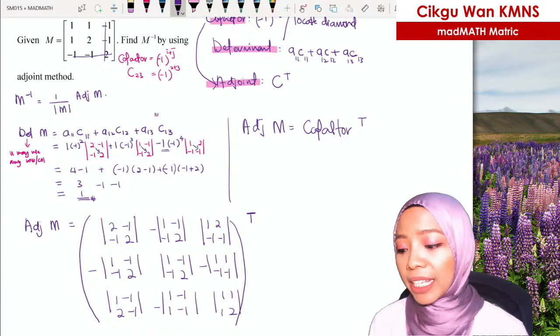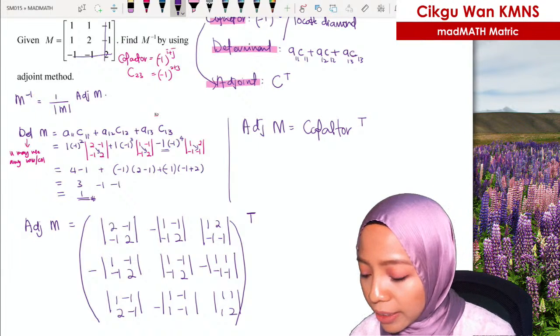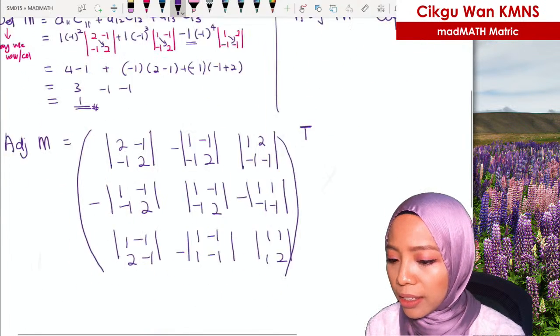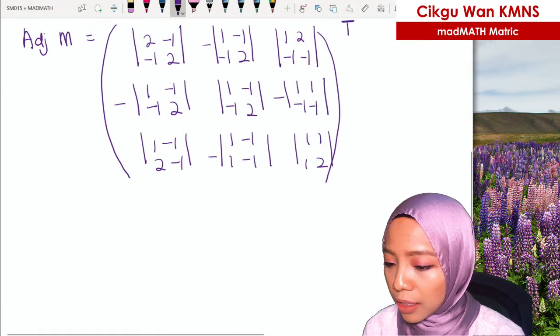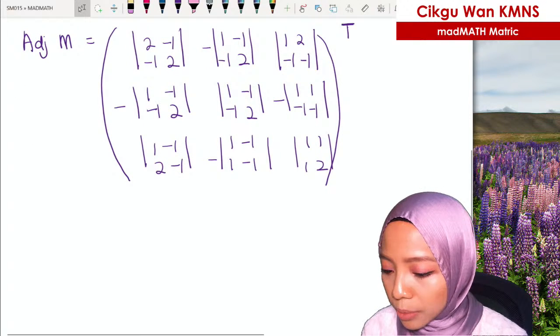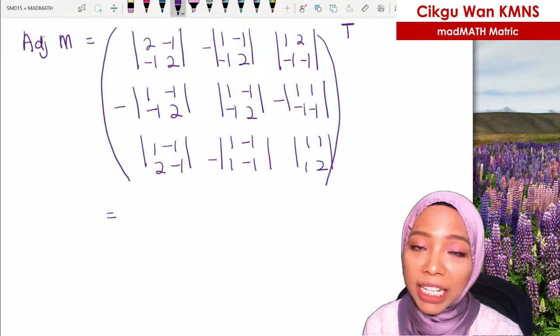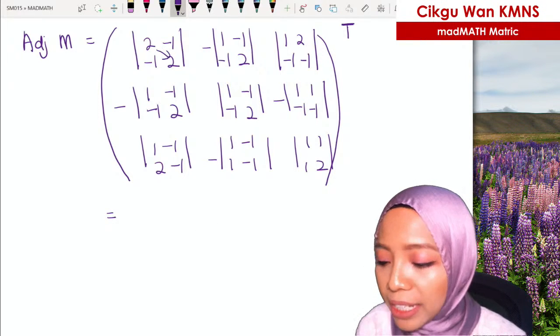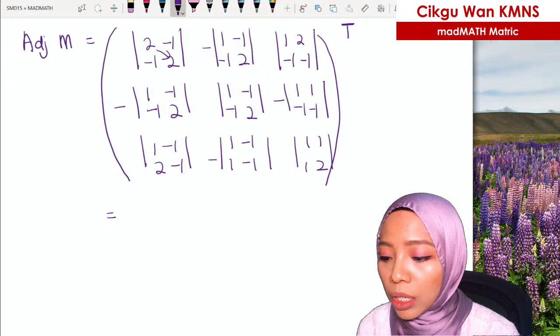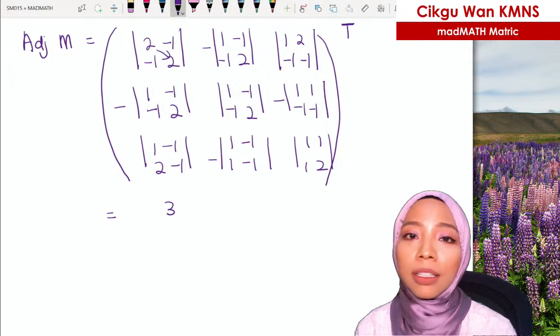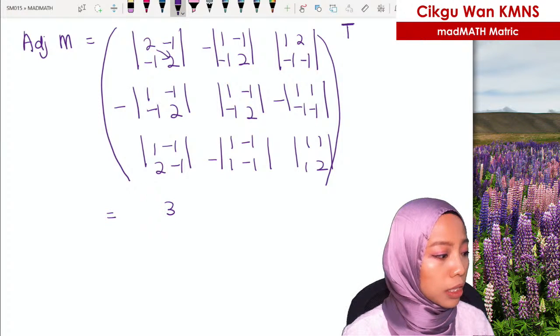So, bila dah dapat yang ni, apa kita buat? Bila dah dapat yang kita buat, kita kira lah. Okay, cikgu zoom sikit. Okay. So, katalah you dah dapat semua nilai ni. Tunjuk satu je. 2 darab 2, 4. 4 tolak 1. So, 3. Okay, katalah cikgu dah kira.